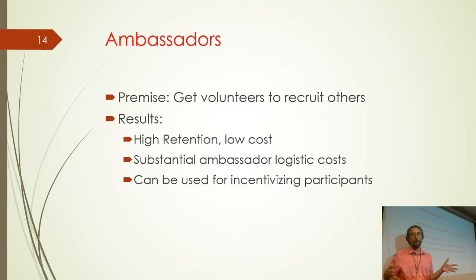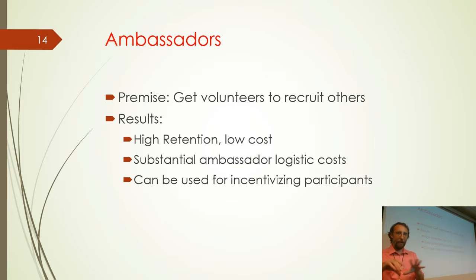What you don't want to do is train them on answering questions or collecting data. I mean, you can, but the reason that you wouldn't want to do that is you don't want to make them a part of the quote-unquote research process, in which case they have to go through IRB vetting and they have to do the human subjects training, which again you can totally do. It's totally fine, but adds a substantial layer of logistical costs to getting ambassadors to help you recruit people.